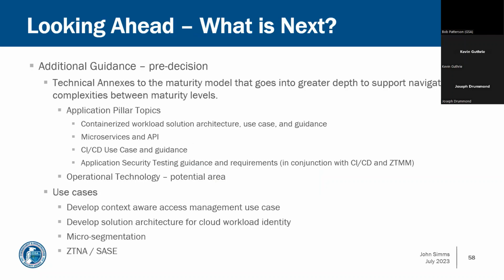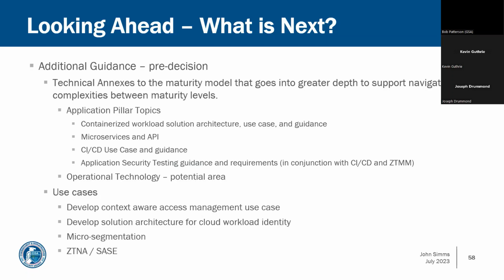And so, as we let the dust settle on the release of version 2, some of the things we're looking at doing in the next year or two: we're not thinking that we're going to be doing any major revisions to the Zero Trust maturity model, but rather looking at ways to enhance the content that's there, providing greater clarity to the capabilities, just looking at some of the application pillar topics that need additional time and attention. CISA has released our secure by design and secure by default guidance recently, which I think is very much tied to what we're trying to achieve with Zero Trust.